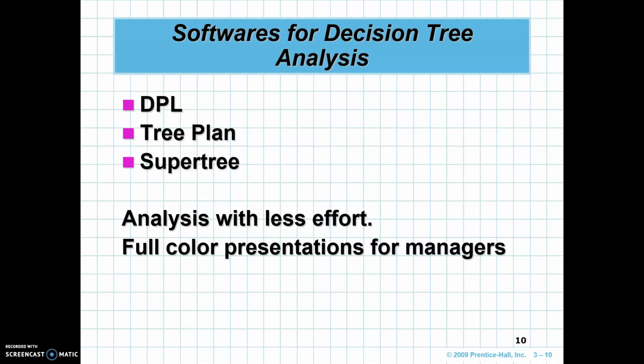So these softwares provide analysis with less effort. You can make a decision tree using less effort, and the colors will be very bright and very beautiful for presentation to the managers. That's why we use these kinds of softwares for making a decision tree analysis.